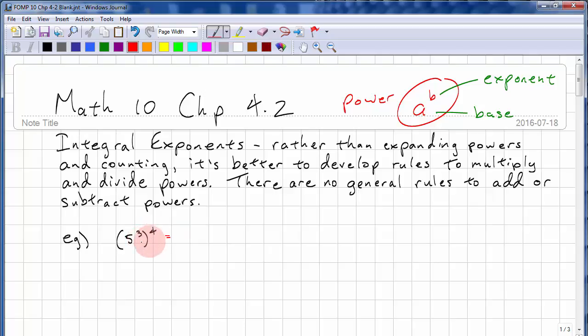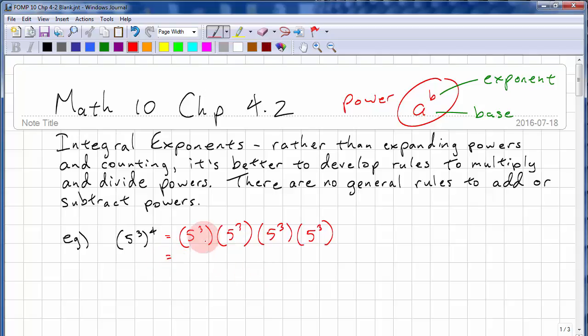Okay, we are doing 5 cubed to the power of 4. So this is 5 cubed times 5 cubed times 5 cubed times 5 cubed. So 4 times.